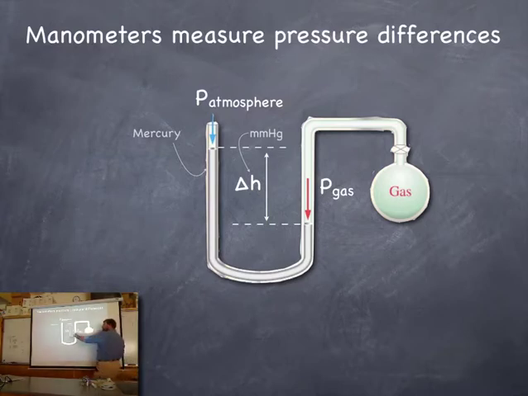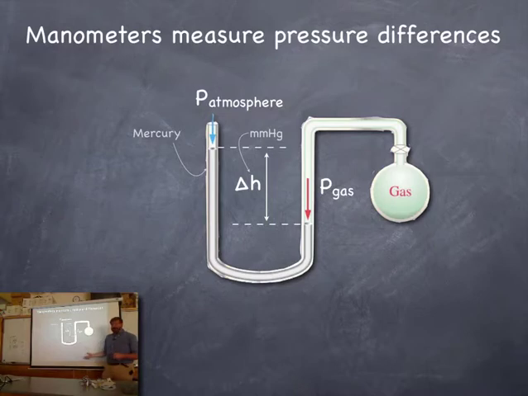So we can measure the difference in pressure between these two as a height of a mercury column. And in fact, one unit of pressure that we use a lot is called the millimeters of mercury, mmHg. And so that mmHg, those millimeters of mercury, those are the pressure. That represents the pressure difference between the atmosphere and the gas.